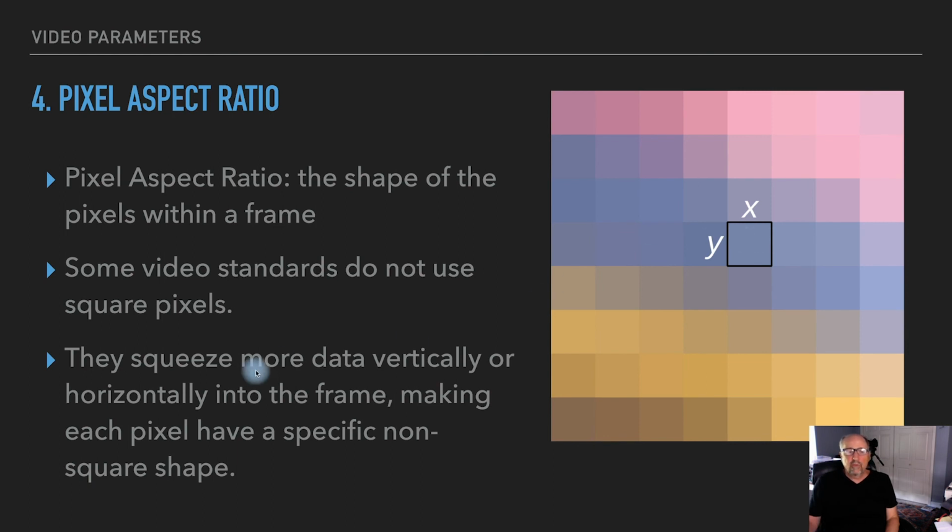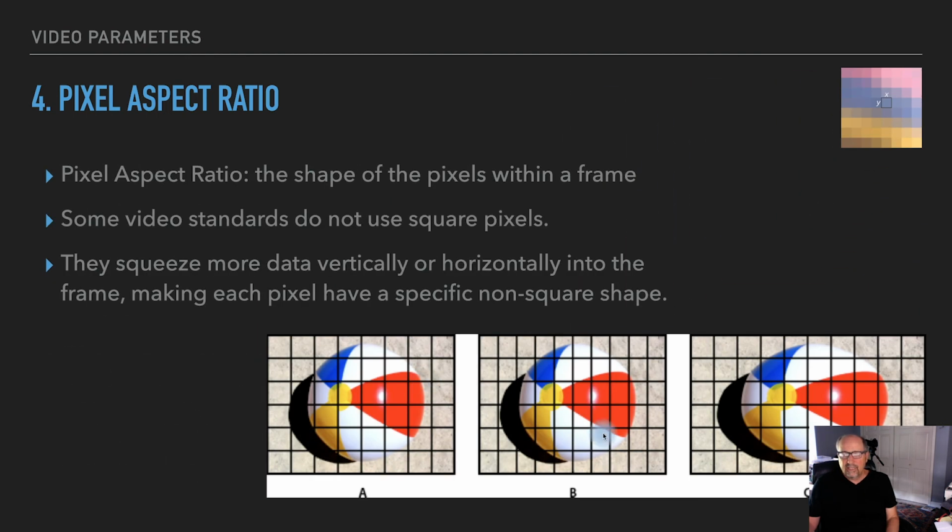But if we squeeze more data vertically or horizontally in, we can get more data in. So if you see, here it's squeezed narrower, right? And here's the regular ones. So down A is regular squares. B is these narrow ones squished together. But then if you take those back out to a square, all of a sudden that circle gets stretched, which is not quite what you want necessarily.